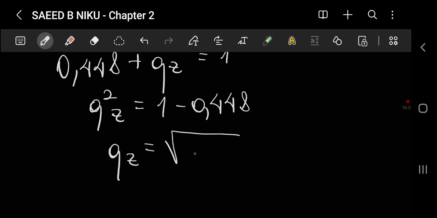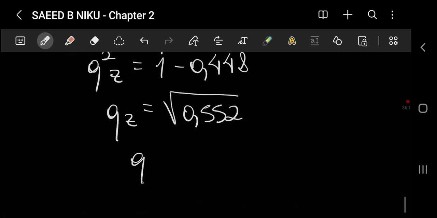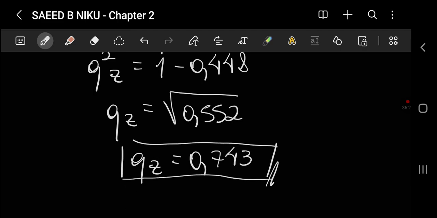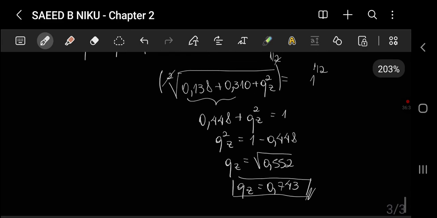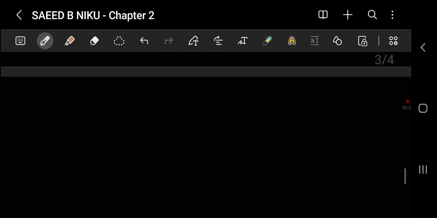Taking the square root of 0.552, it is equal to this. Okay.